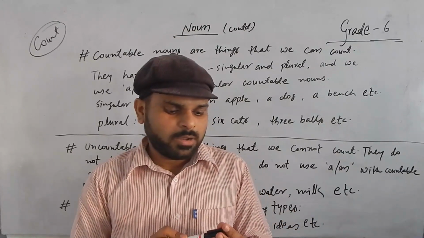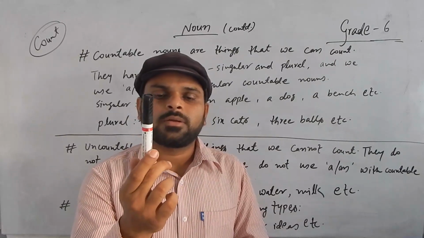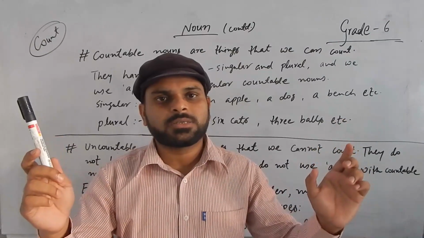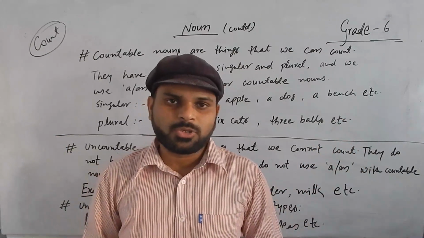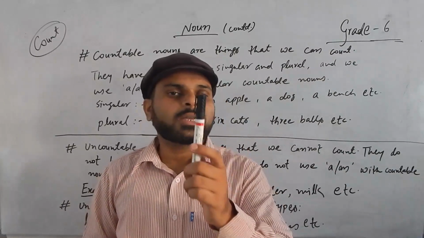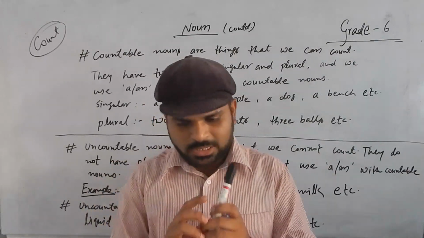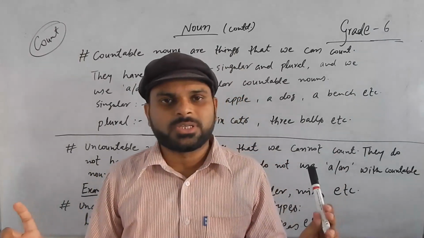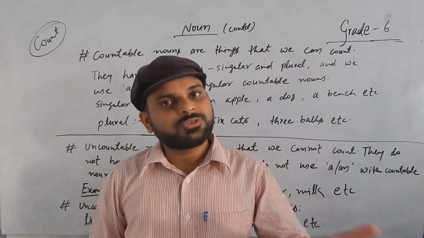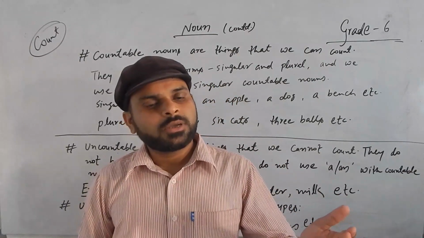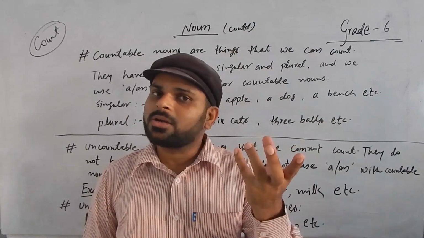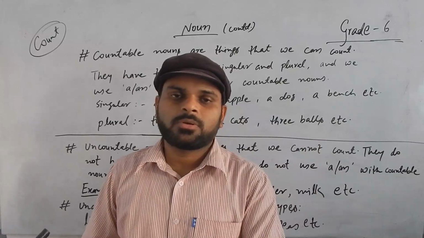This is a marker pen. You can count it. If you are given 10 markers, obviously you will be able to count them. So see the simple definition: anything that can be counted is countable.